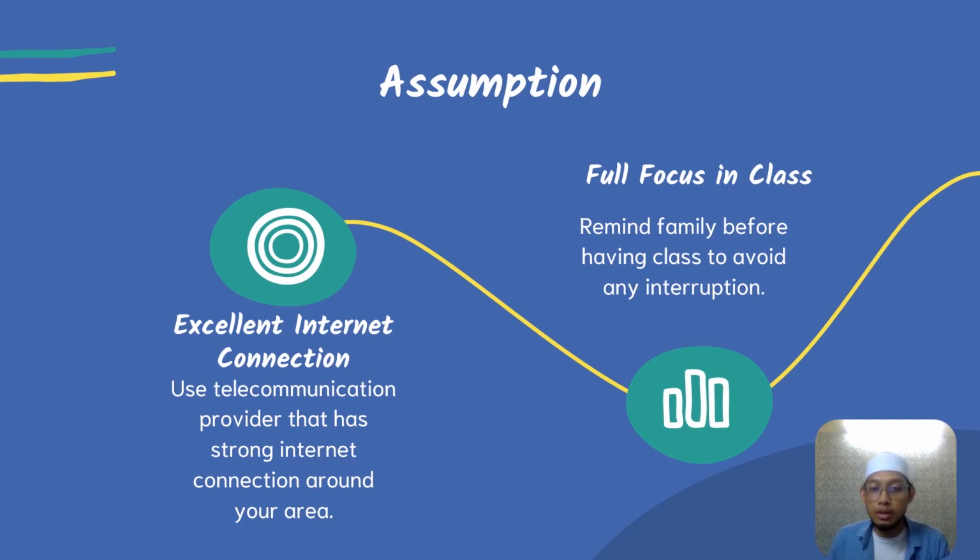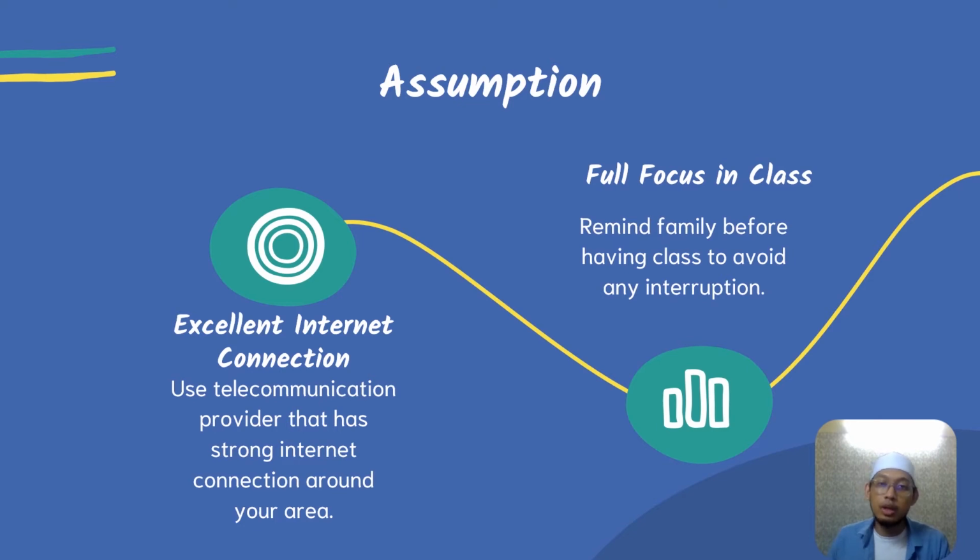And then the second part, full focus in class. We stated before that a student who has full focus in class has surroundings that help him or her focus, such as a quiet and peaceful situation. So how can they get that kind of surrounding?